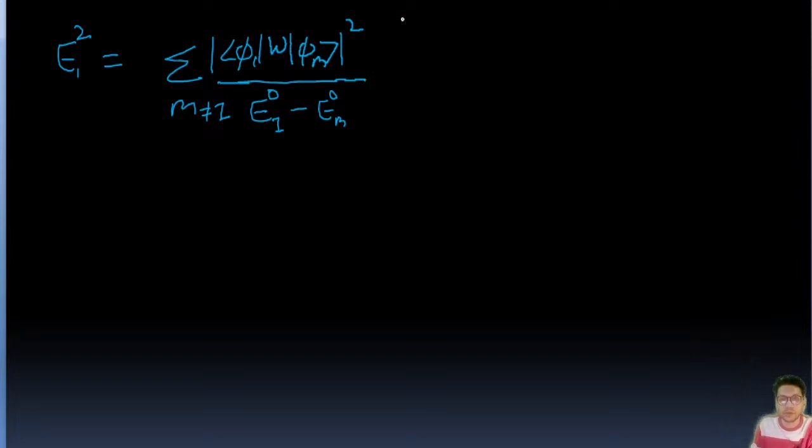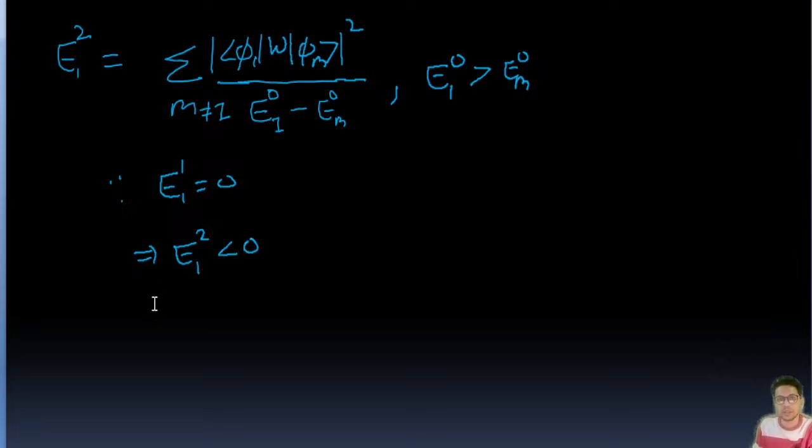From here we can see E1 naught is greater than Em naught. Since E11 is 0, this implies E12, the second order correction, is going to be less than 0.